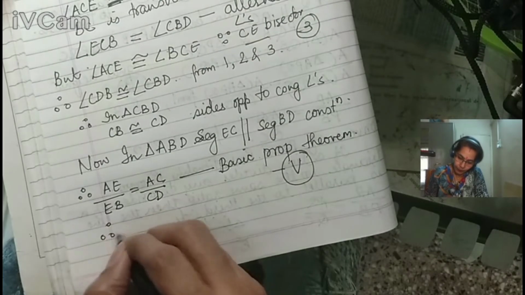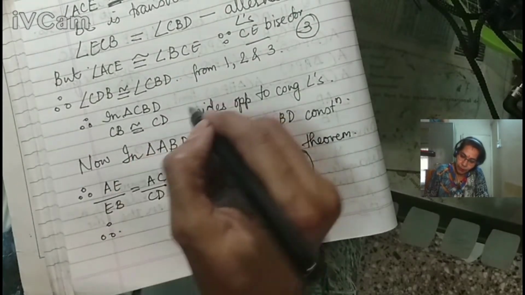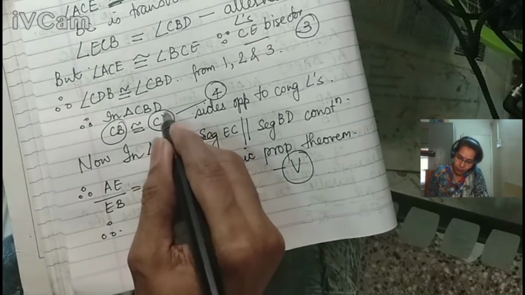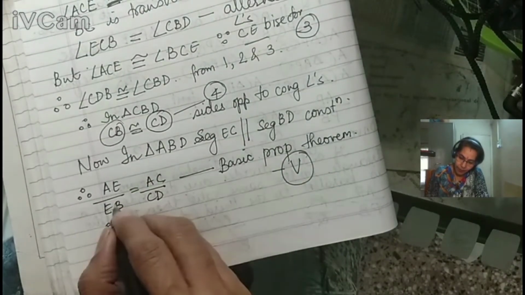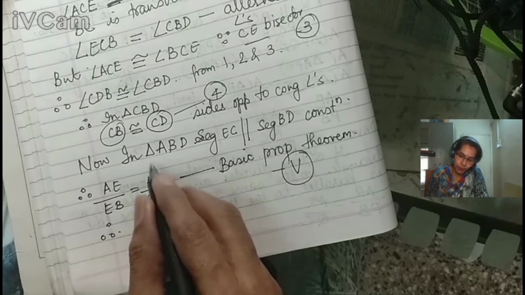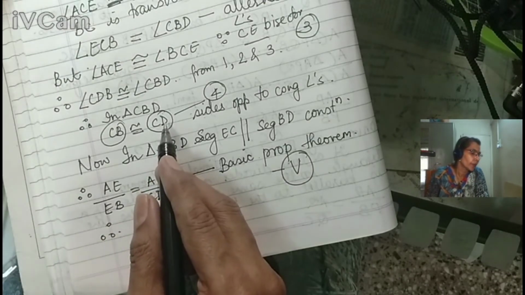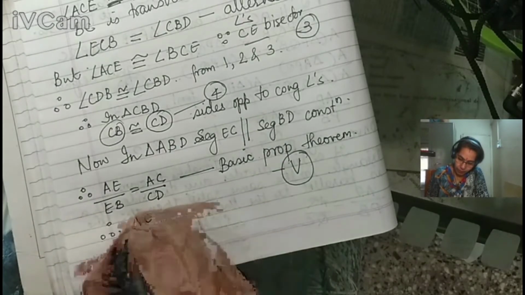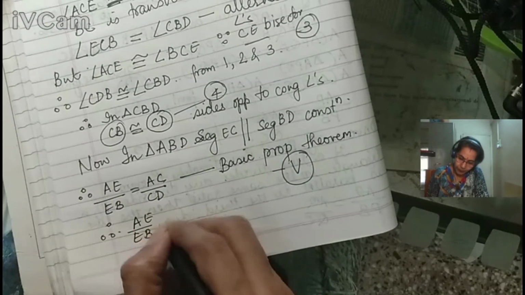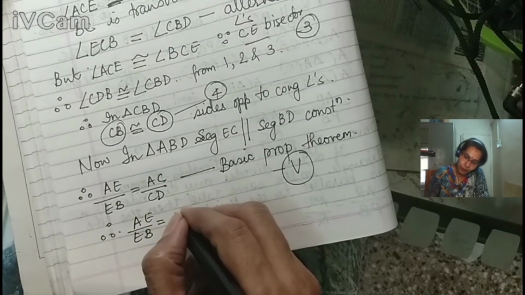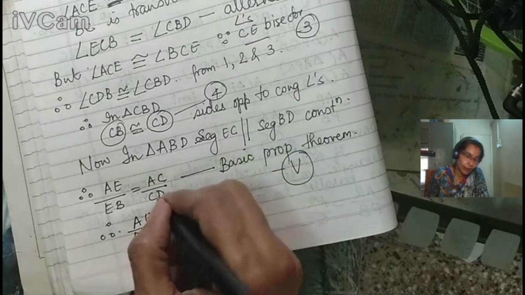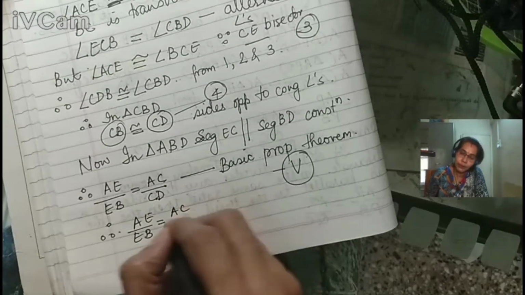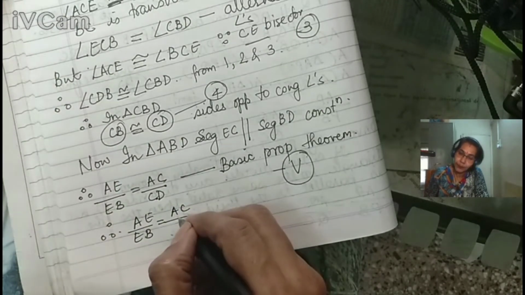Therefore, in statement number 4, I have stated that CB is equal to CD. Therefore, AE upon EB is equal to, instead of CD, I can write AC upon CB.